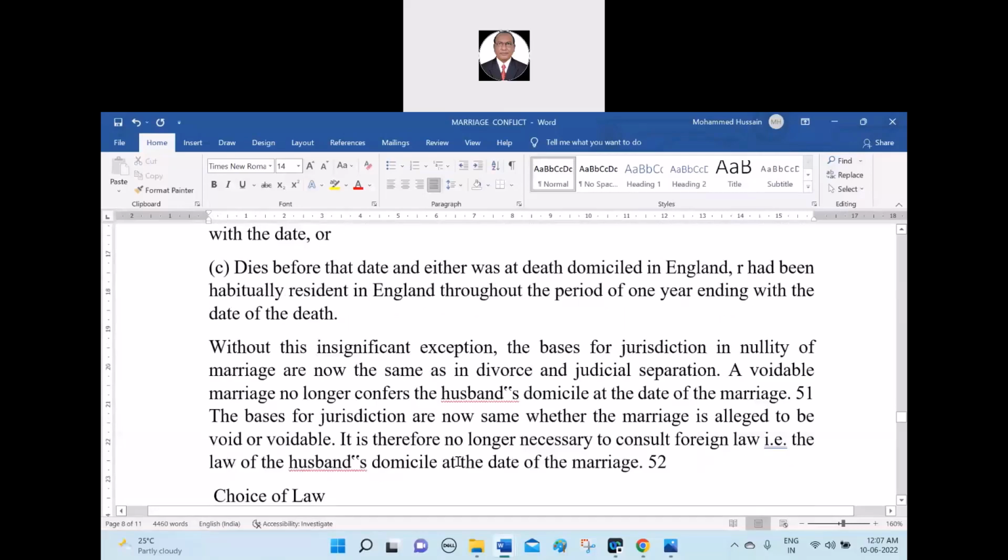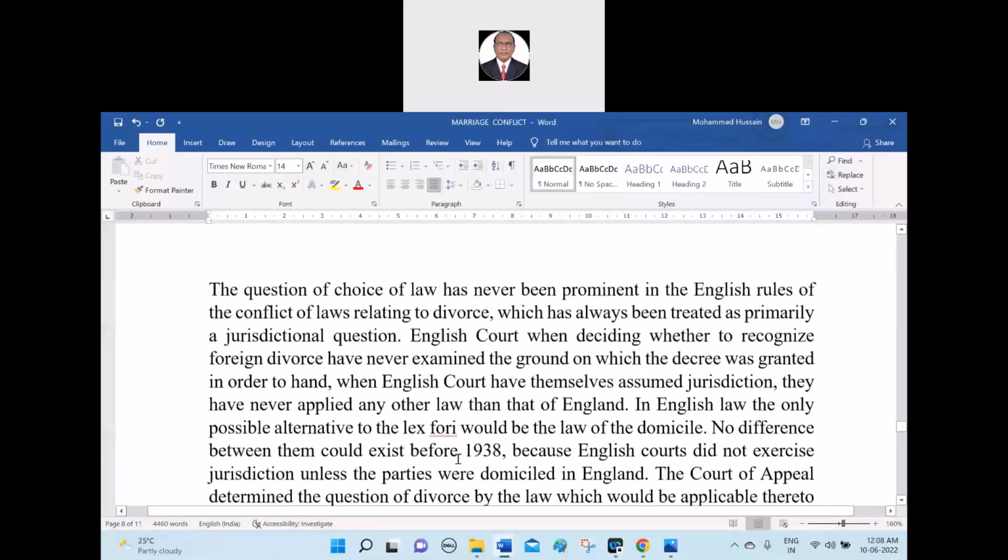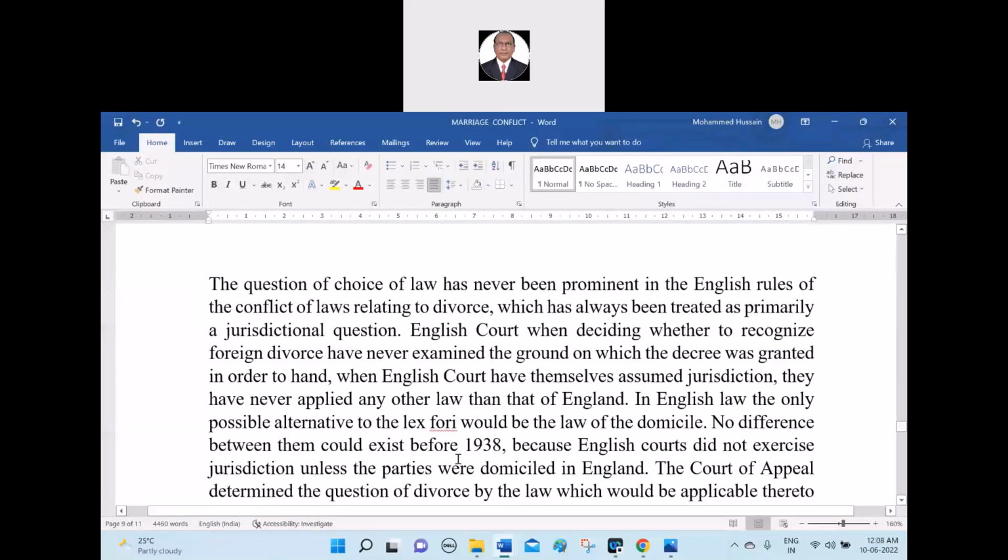As far as choice of law regarding divorce is concerned, the question of choice of law has never been prominent in English law. The conflict of rules relating to divorce has always been treated as a primarily jurisdictional question. An English court, when deciding whether to recognize a foreign divorce, has never examined the ground on which the decree was granted. Here the choice of law is concerned: which law could be applied to take the divorce?